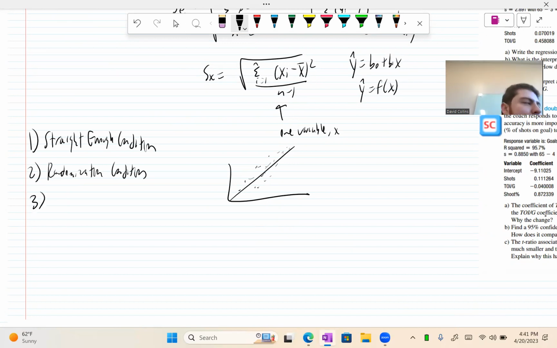That's the easy one. 3, the equal variance assumption, also known as the does the plot thicken condition.